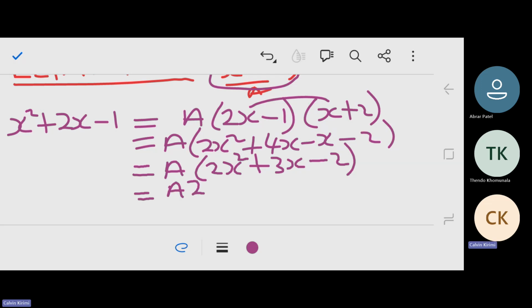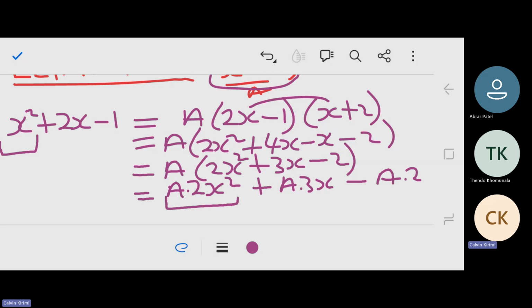In other words, we are saying A multiplied by 2x squared plus A multiplied by 3x minus A multiplied by 2. The dot is just multiplying by 2. So we are going to equate this x squared with this x squared.